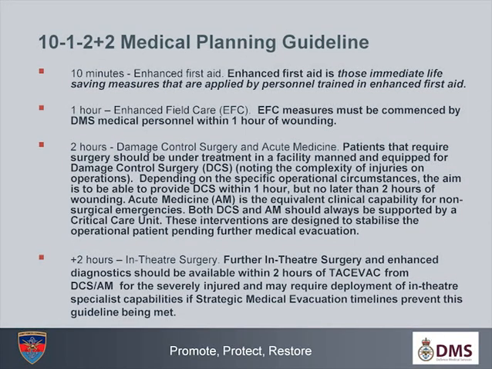The first phase of the medical planning guideline, 10.1.2, is a cumulative time. The +2 sets the location by time for in-theatre surgery and enhanced diagnostics within the joint operational area. Please take a moment to read each of the definitions on this slide.